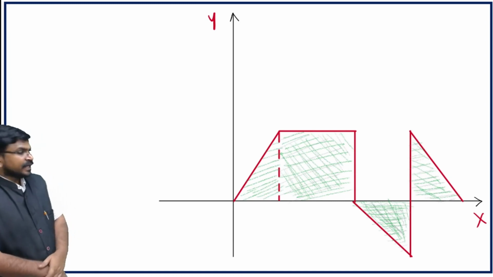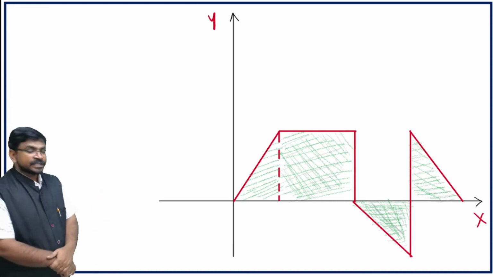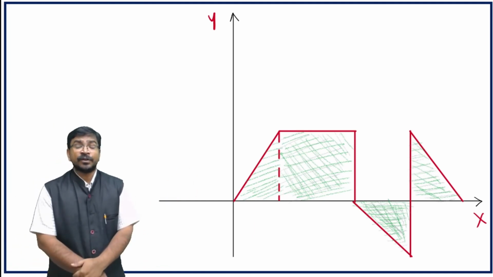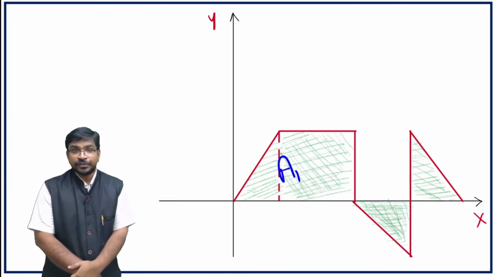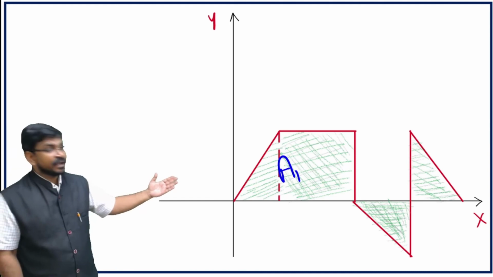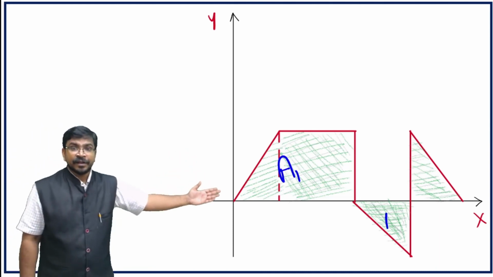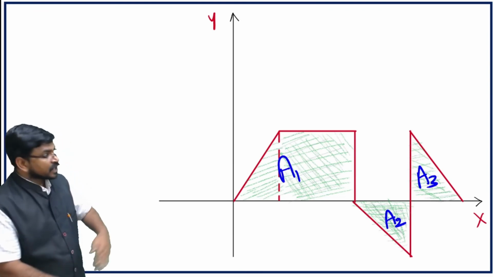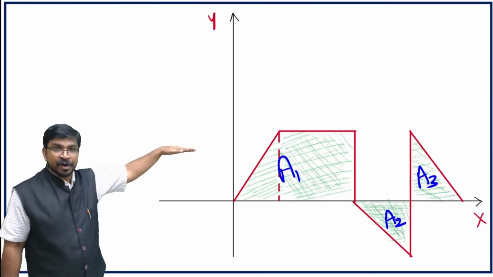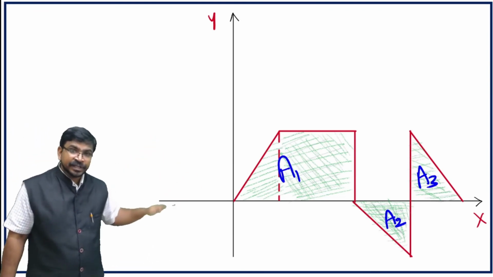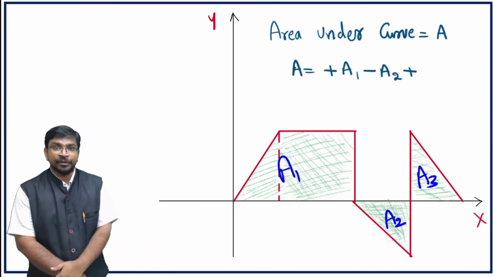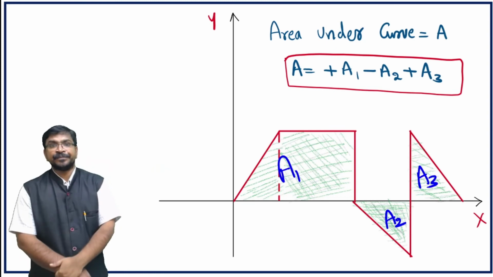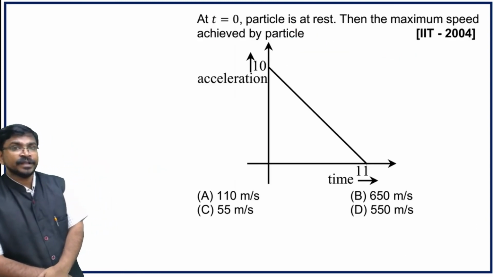Let us take a typical graph with different partitions. Let me take the first area as A1, then A2 and then A3. The areas above the x-axis should be taken positive and below the x-axis negative. So plus A1 minus A2 plus A3 is the total area under the curve.